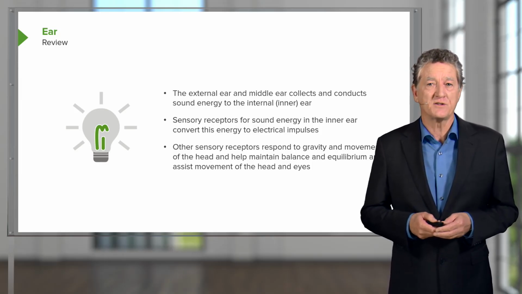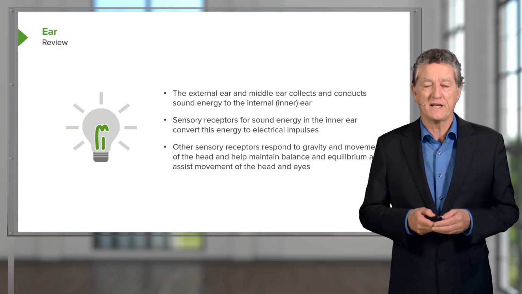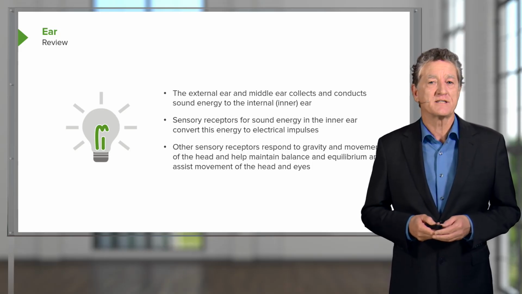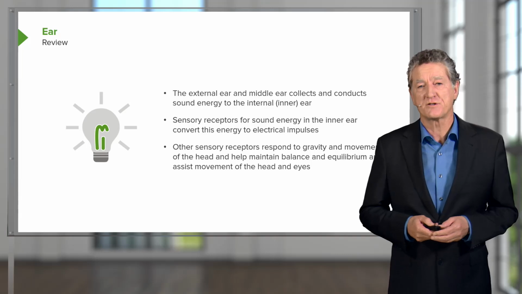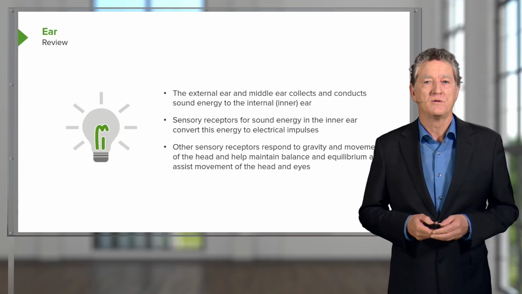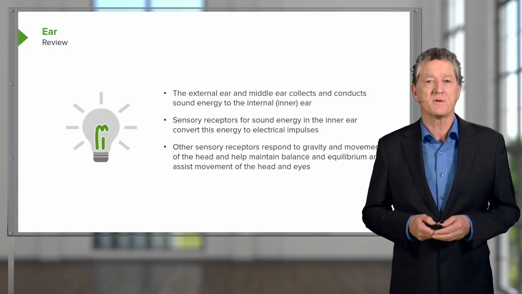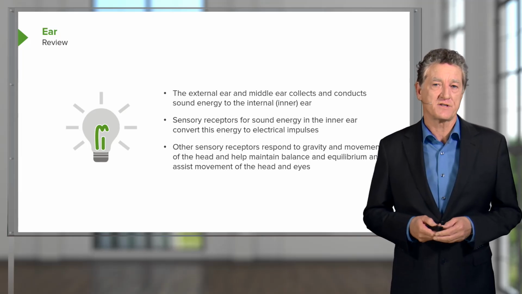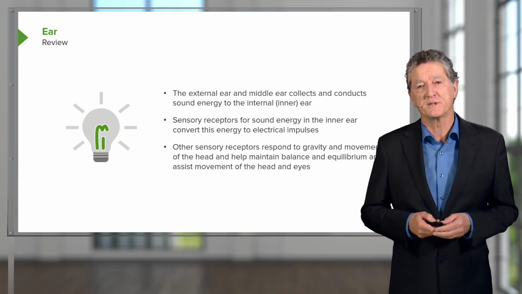And those hair cells, again, are stimulated by movement of endolymph, either moving the cupula, in the case of the crista ampullaris in the semicircular canal, or the macula in the utricle and saccule. And those hair cells, when stimulated, give information to the central nervous system about the position of the head and movement of the head.